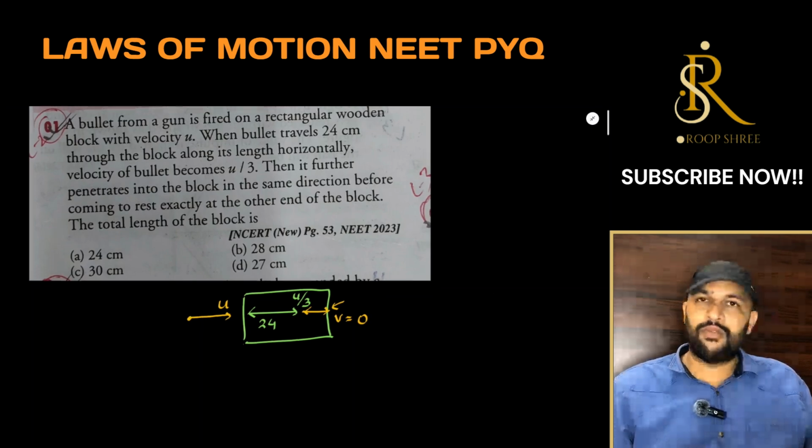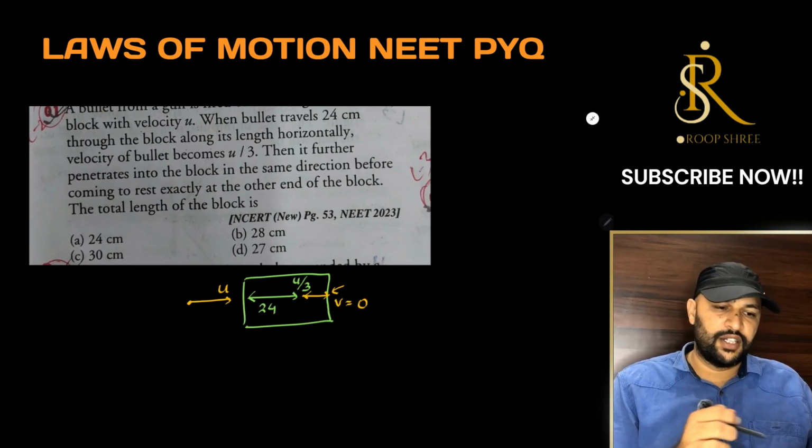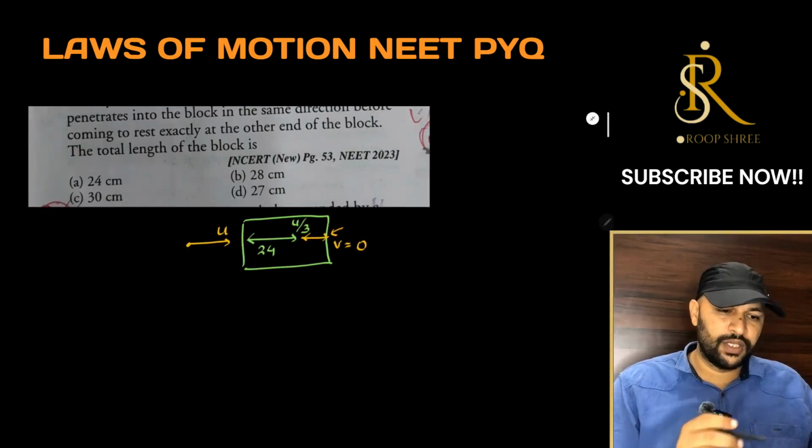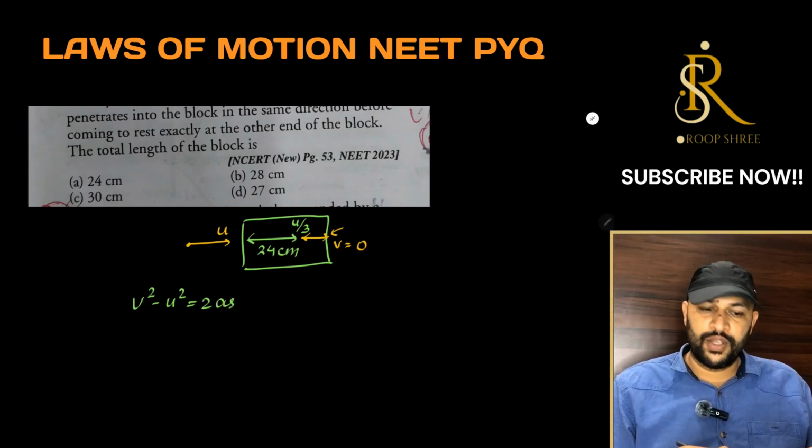So this problem we will solve using equations of motion, because the acceleration or retardation is constant, as the force imparted by this bullet will be constant, right? So for the first half of the journey, let me use the equation v square minus u square equals 2as, while going 24 centimeter.